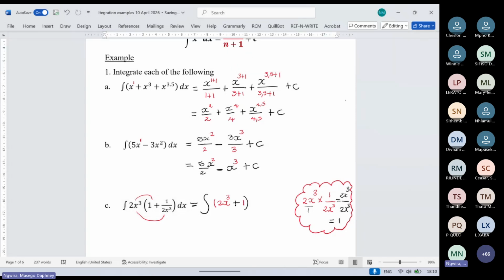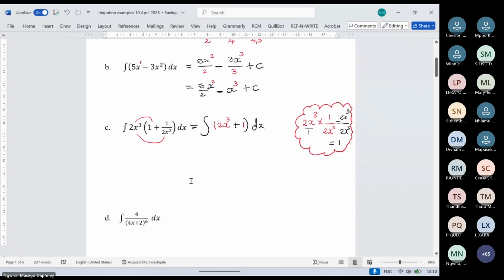And then now my function looks more like this. It's a function like this. So I have 2x to the power of 3 plus 1. I solved this. And then now I can integrate. When I integrate, we take this 2x to the power of 3. So let me do it the longest way again so that you get it.